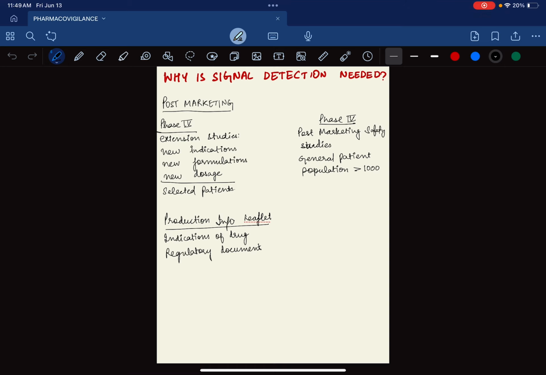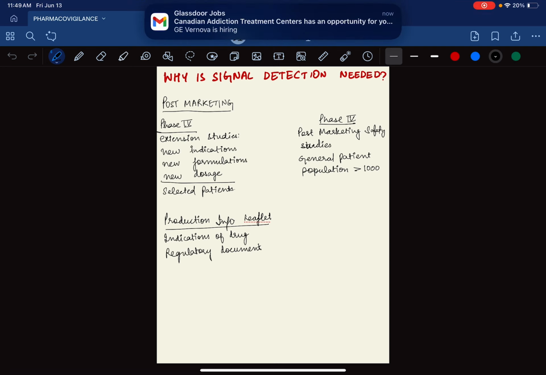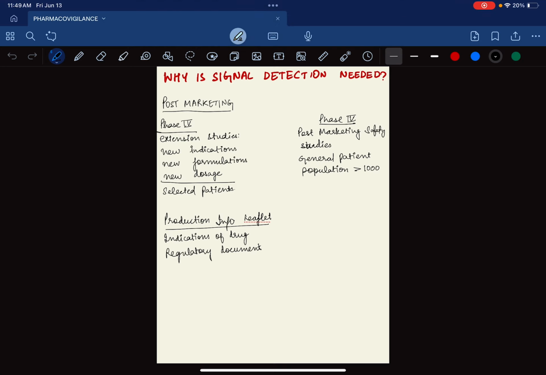In order to talk generally about why signal detection is needed, we can talk about various points. The very first one is that it helps us to identify the new adverse events. Secondly, it helps to monitor for changes in any known reactions.